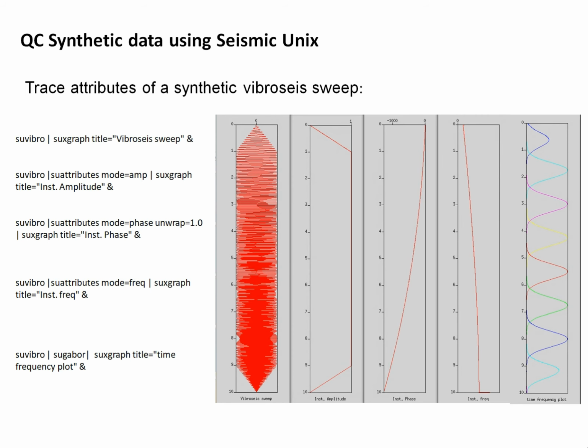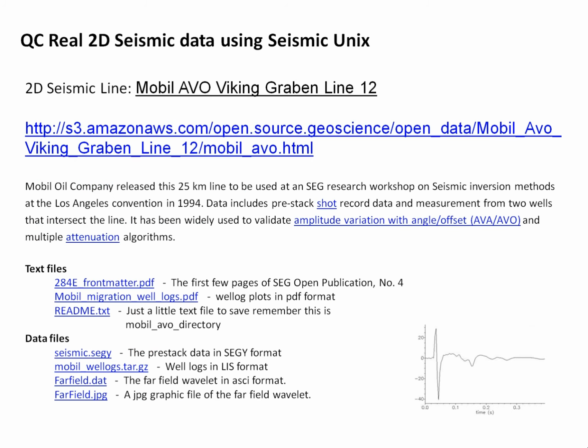In the next few slides, I'm going to show you how to generate the QC displays on a real seismic dataset using Seismic Unix. The QCs will be from this dataset, the Mobil AVO Viking Graben line 12, which is freely available.